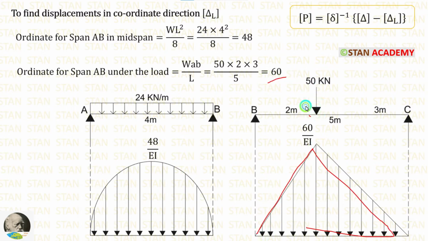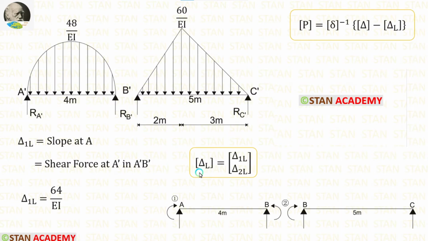We know that if the point load is acting, the bending moment diagram will be in the shape of a triangle. Also, we know that in the conjugate beams, we have to divide the moments by EI. Inside the delta L matrix, we will have two values, delta 1L and delta 2L.